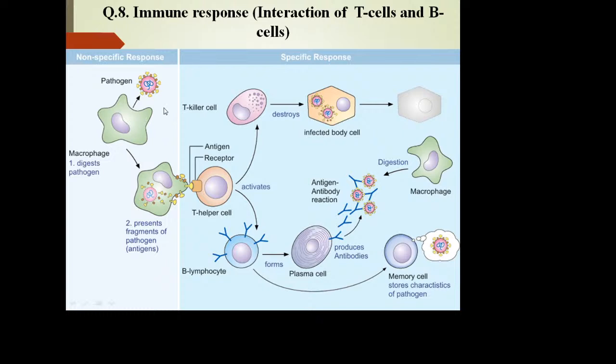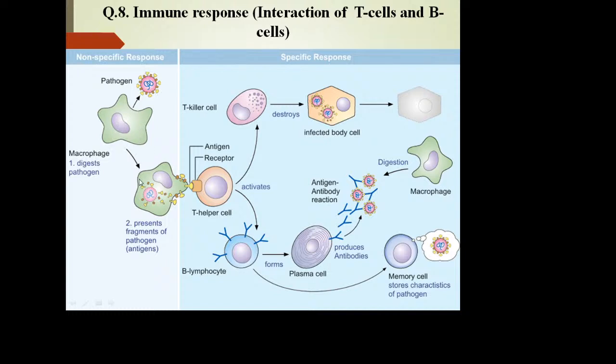The first cells that are activated, that attack the pathogen, are macrophages. I remind you that macrophages are present in tissues, monocytes are present in the bloodstream. Macrophages engulf the pathogen and digest it.